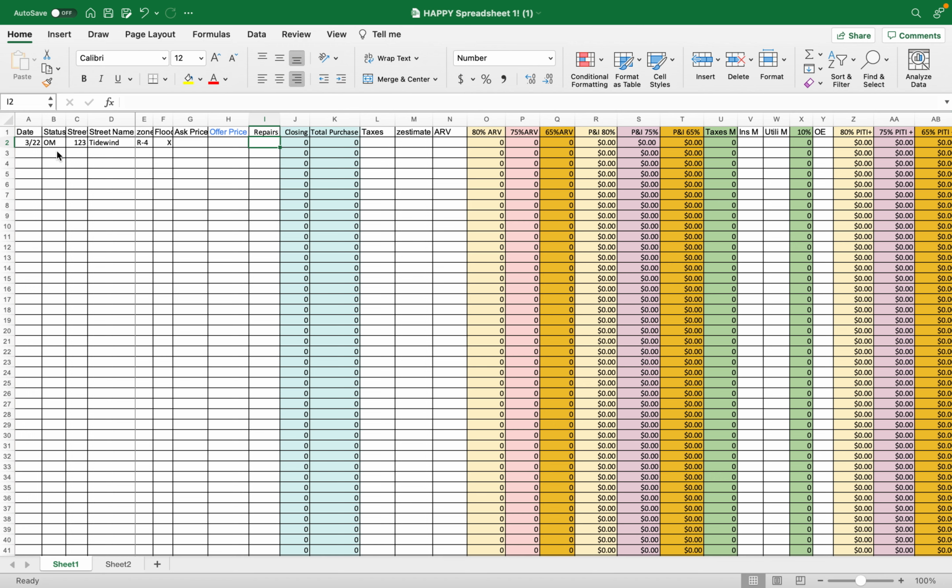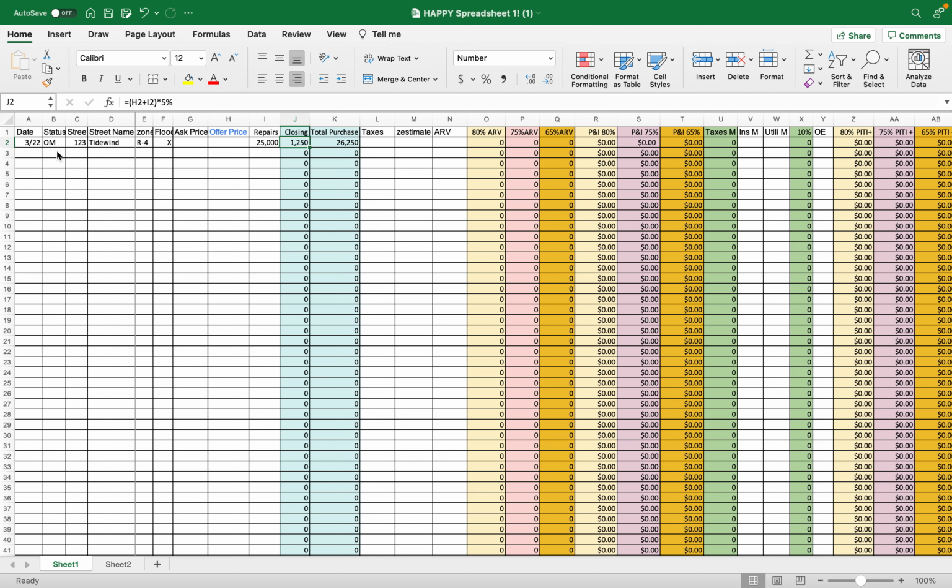Keep in mind that's not taking into account the big ticket items like a new roof, a new HVAC or foundation. Those big ones you would want to include as well. For this particular property, $25,000 was the repair estimate.